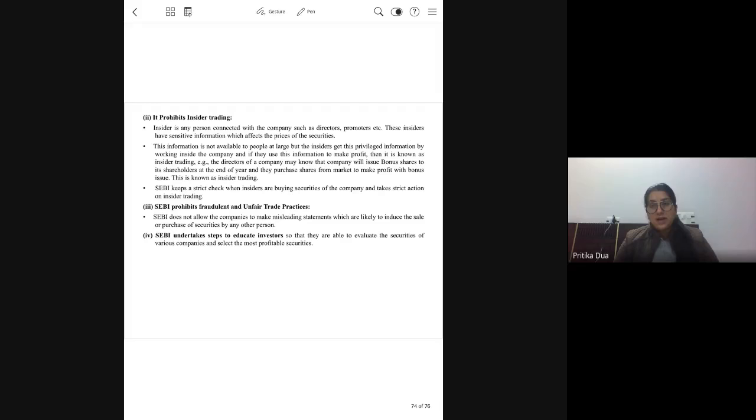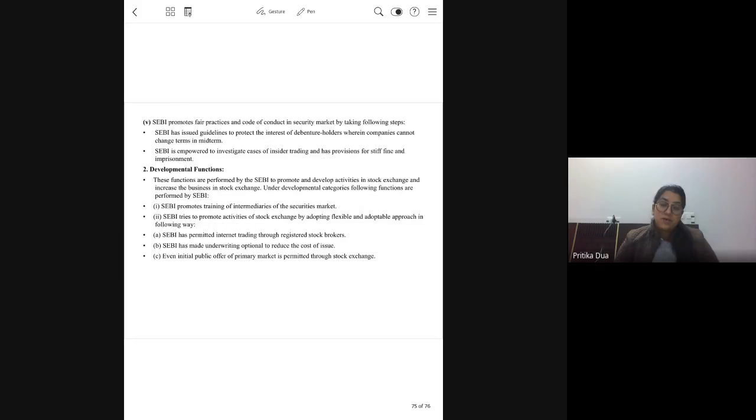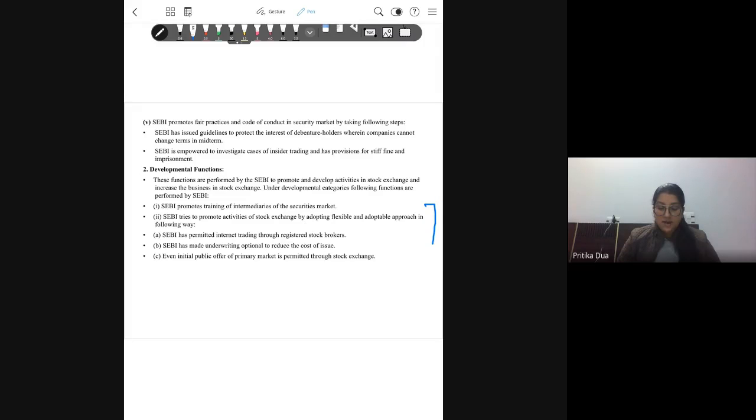And then, as I told you, dissemination of information and educating the investors is also a primary role of SEBI. For this, SEBI has also created an investor awareness fund. Then developmental functions: training of the intermediaries, promoting the activities of the stock exchange in a transparent, flexible manner, internet trading.